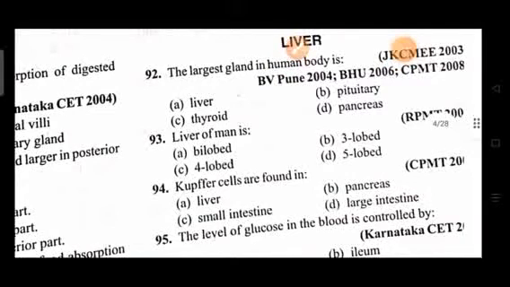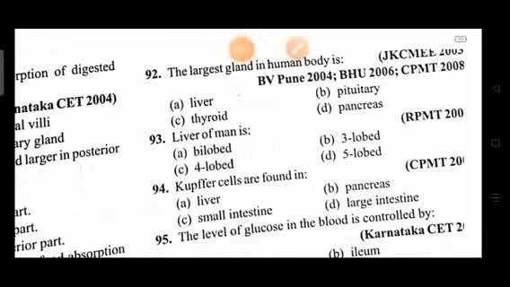Liver of man is bilobed, trilobed, four-lobed, or five-lobed. Generally we have an assumption that the liver of man is bilobed.